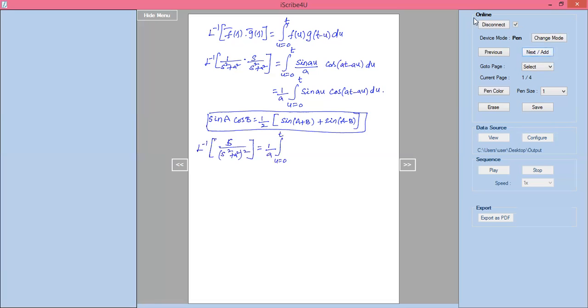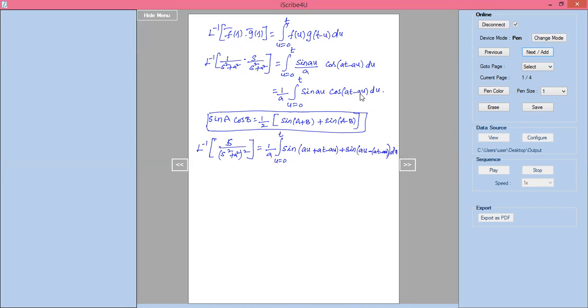Here A is AU and B is AT minus AU. So I write sin of A plus B, sin of AU plus AT minus AU, plus sin of A minus B, which is sin of AU minus of AT minus AU, into du.